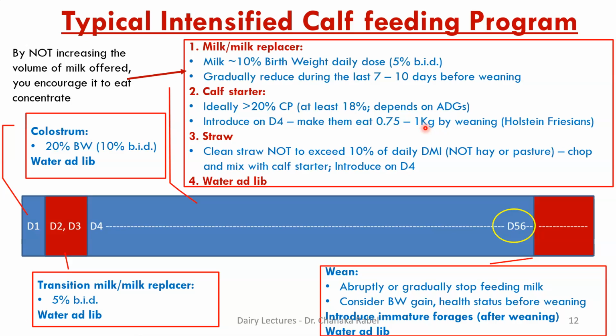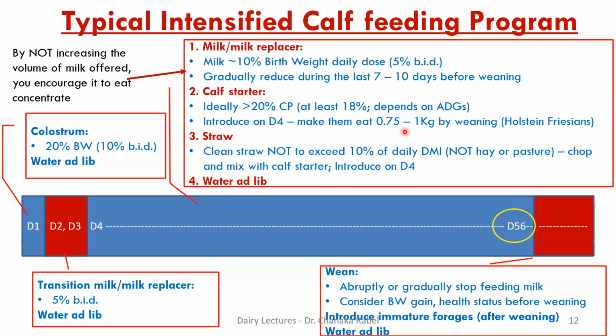So we say 1 kilogram, but here I've said even up to 750 grams, because some of our calves are not the 40 kilogram calves. The textbook says ideally 1 kilogram, and in certain farming systems they are eating very close to or even above 2 kilos by the time of weaning, right?